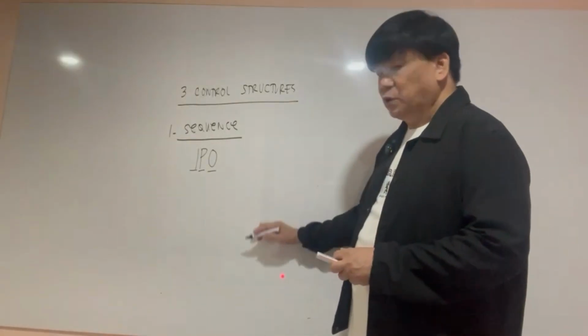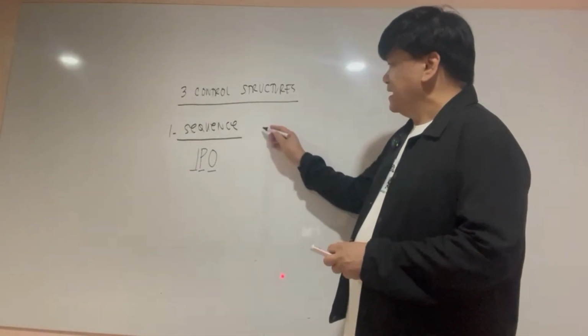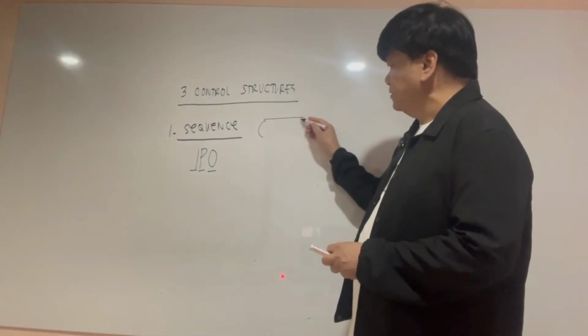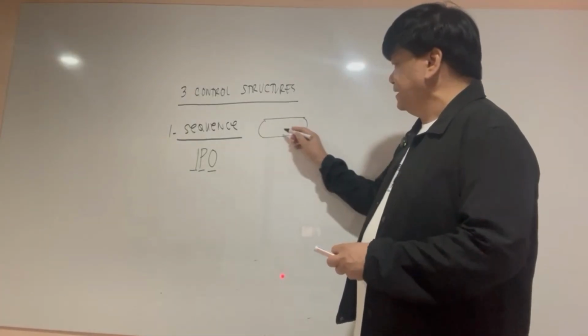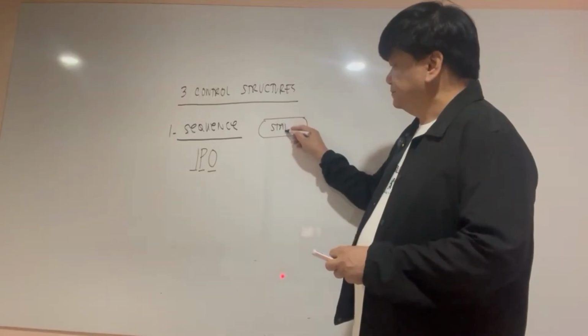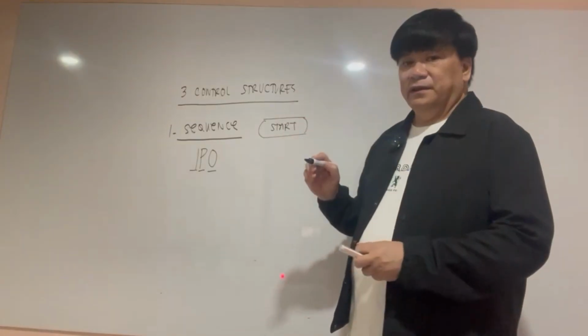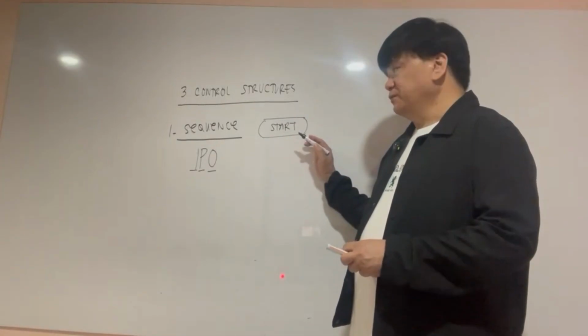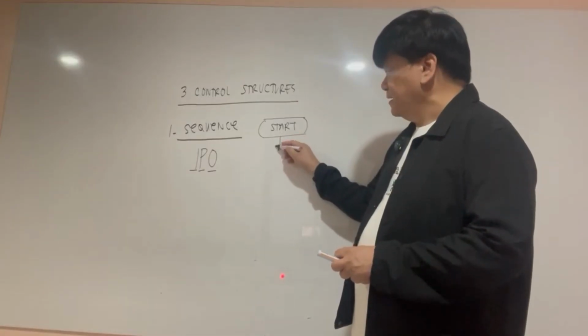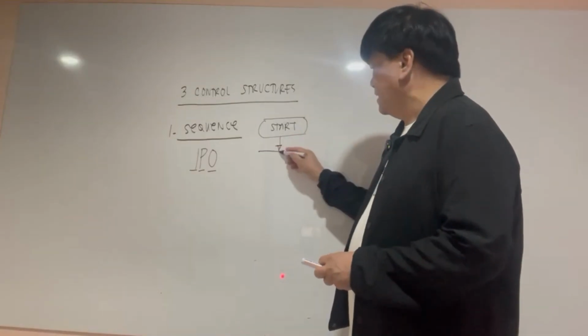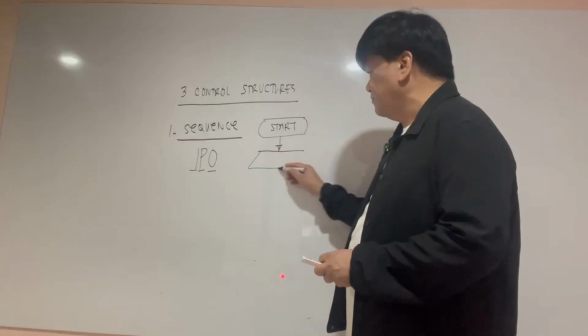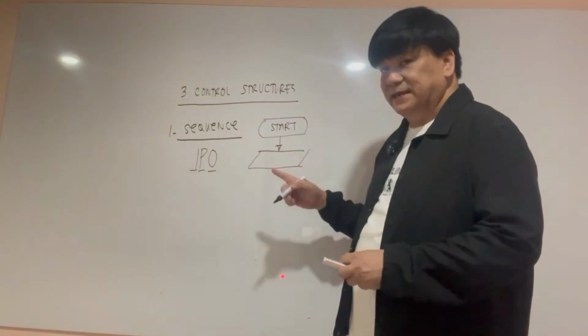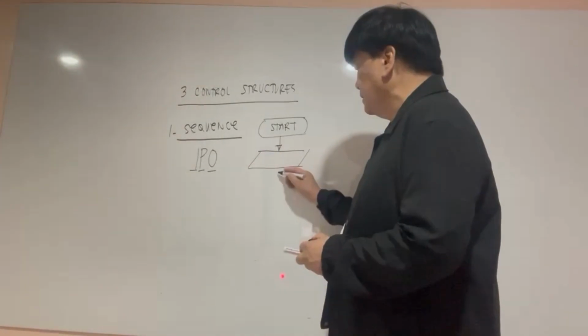If you are going to draw a flow chart out of this, you have the begin or starting part of your flow chart, followed by the input. Whatever is the input will be placed inside the parallelogram.